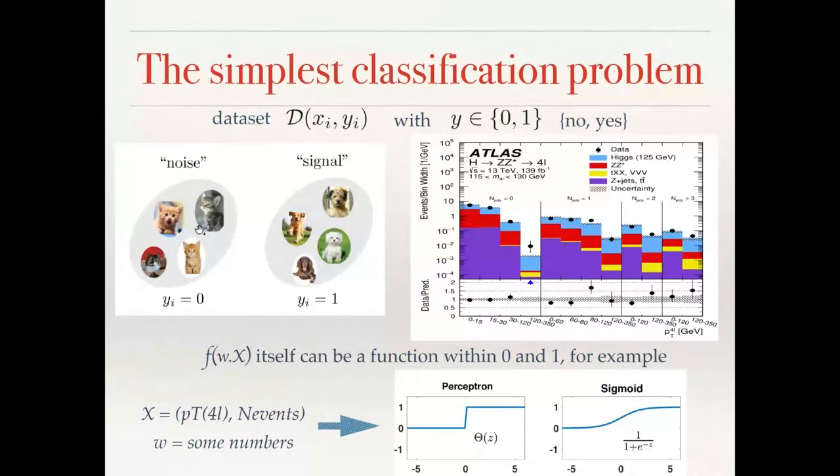The classification problem is when we have a data set whose predictions are categorical. So it's either true or false, or noise or signal, or 0, 1. The possible labels for our data can only take 2 values. This is a binary classification problem.